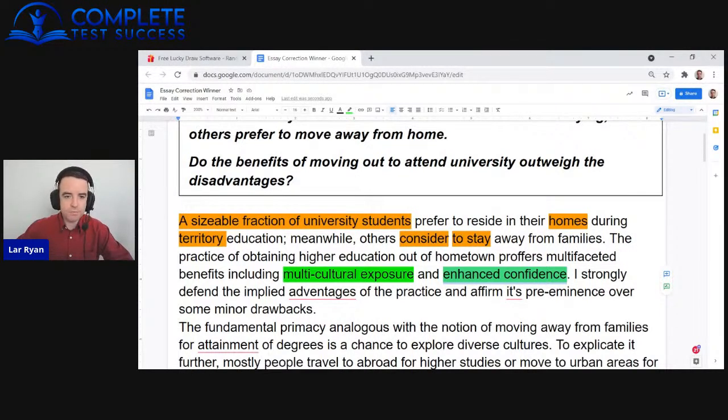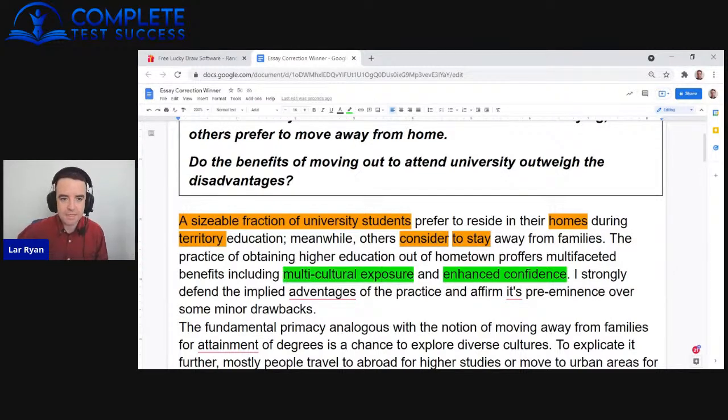But multicultural exposure, if I stay at home and I go to university, or somebody comes to my hometown and goes to university, the same university, I don't see how living out of home will help me to interact with more cultures than living at home. If we're all living in the same place and we're all going to the same university, I don't see how where we live is going to change that aspect.